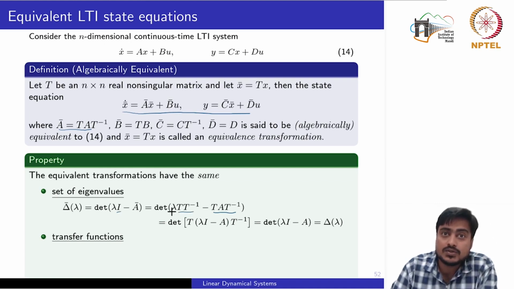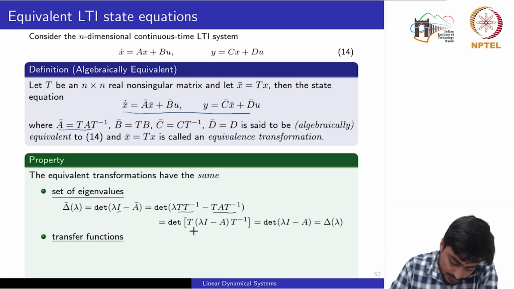Since T is non-singular, the inverse exists, and pre-multiplying or post-multiplying with the T matrix gives the identity matrix. Now I rearrange these equations to finally give me this part, T into lambda I minus A into T inverse.